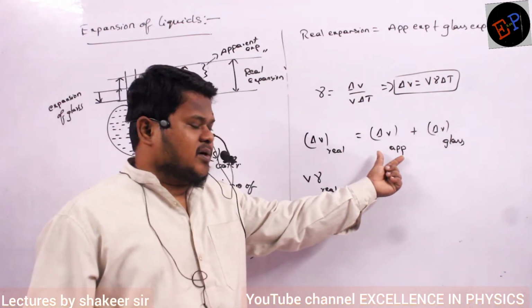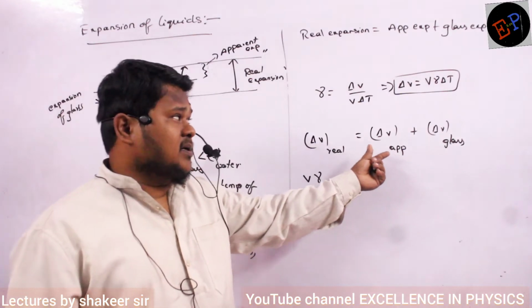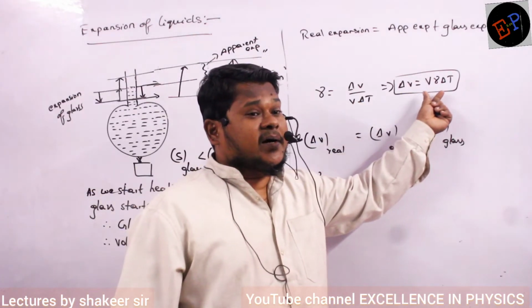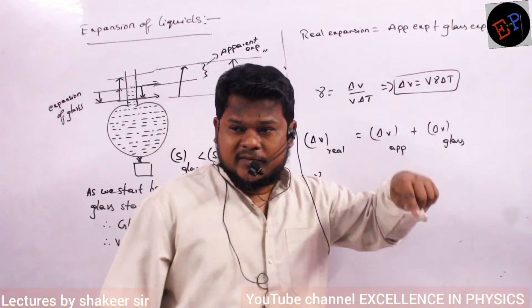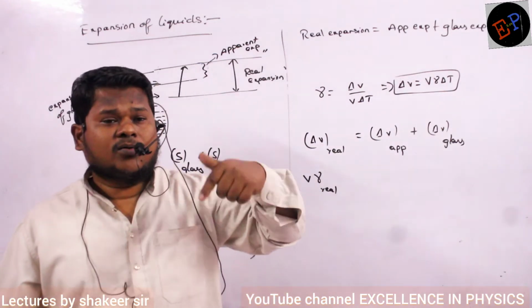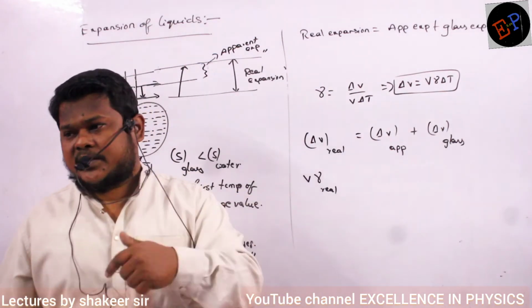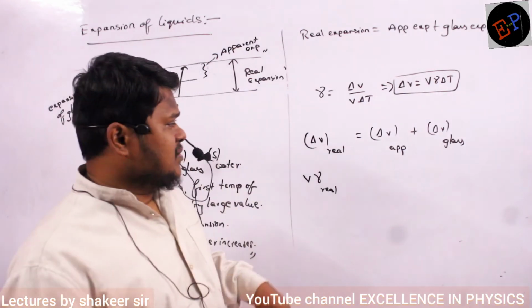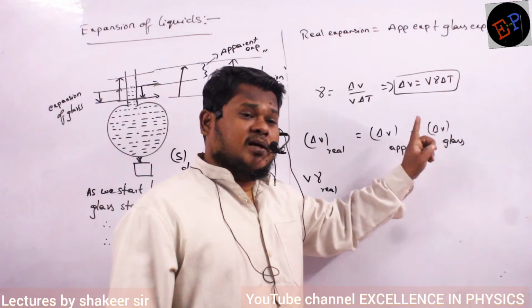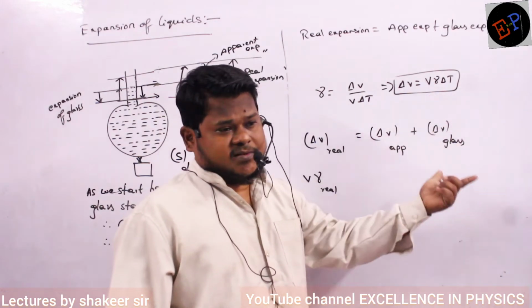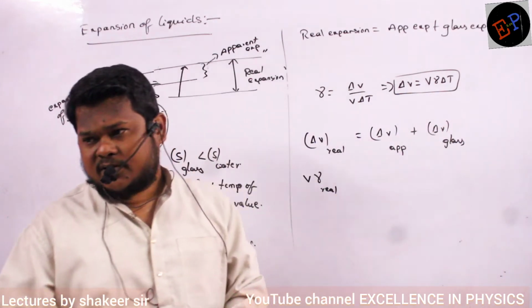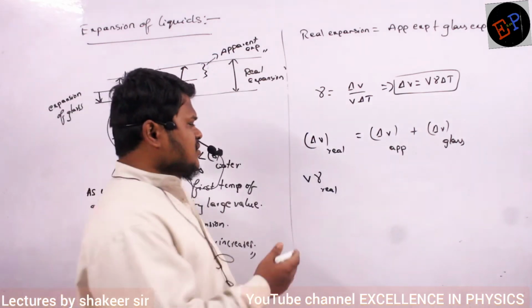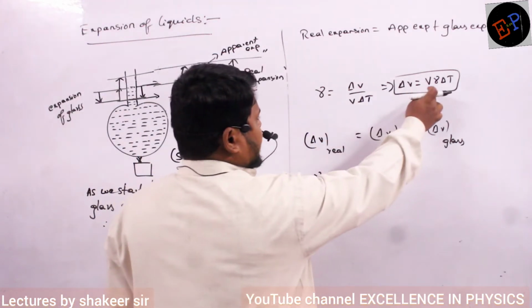Similarly, if I want to calculate only apparent expansion, then instead of gamma, I will write gamma apparent. The coefficient of volumetric expansion only for apparent expansion. Apparent expansion means the expansion which you see finally. Similarly, if I want expansion of only glass, then I will write gamma glass. Coefficient of volumetric expansion of glass. Okay, so therefore, how can I write delta V, V gamma delta T, no?